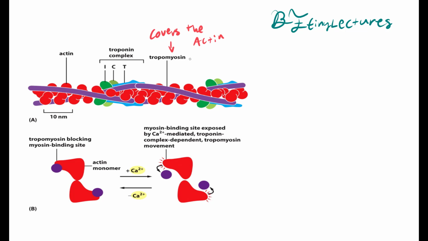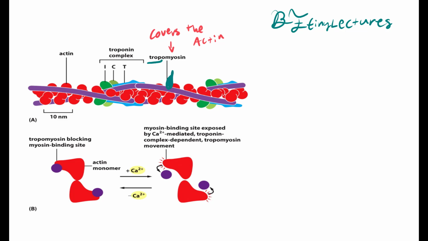And whenever the tropomyosin covers the actin, well, now my myosin head, let's say over here, cannot come in contact with the actin. Why? Well, the tropomyosin, which means above the myosin, is blocking the connection points between the myosin and the actin head. So the problem is, how do I get rid of this tropomyosin? How do I move it?